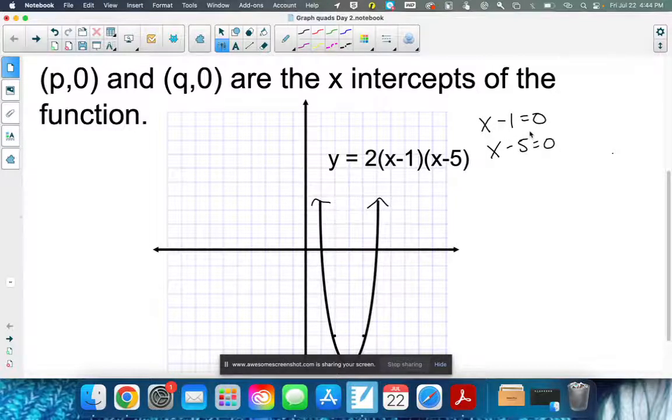You have to do it for both. Your two x-intercepts should be 1 and 5, so that's where they should cross the x-axis. It's very easy to pick those out from the parentheses, but we do at least have to get the vertex in order to graph it. So let's see how we do that.